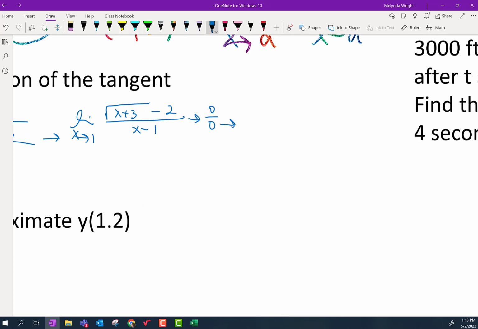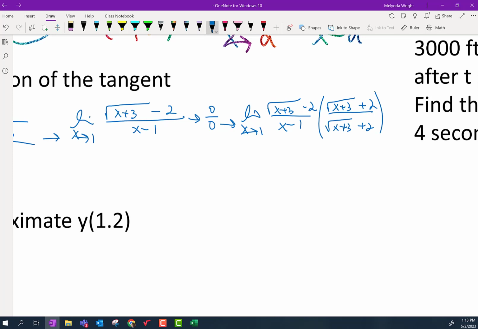So we've got the limit as x goes to 1 of the square root of x plus 3 minus 2 over x minus 1. And we're going to multiply by the square root of x plus 3 plus 2 over the square root of x plus 3 plus 2. A couple of reminders: the conjugate is the same, but the sign in the middle of the two terms is different.